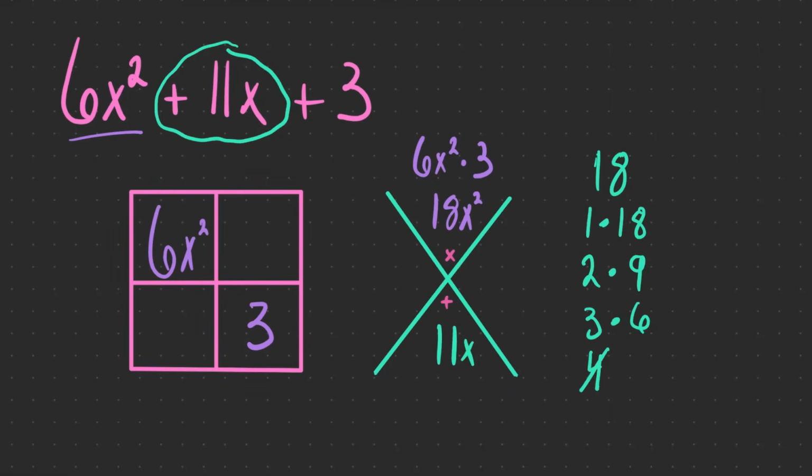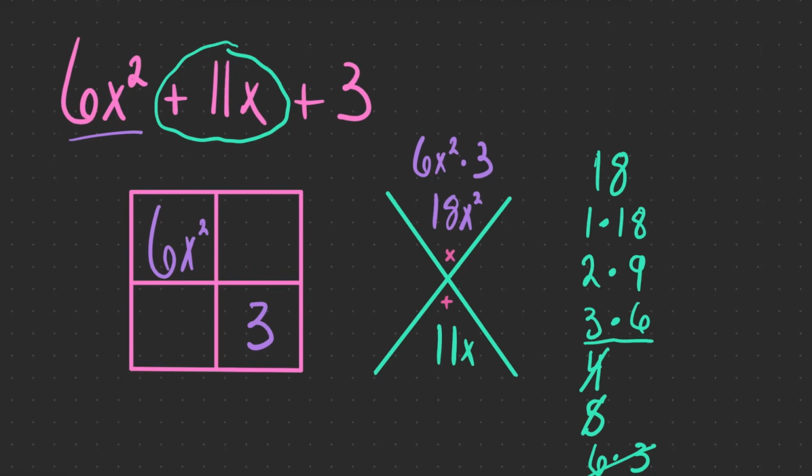So I'm just going to cross that out. Or 5 times something, doesn't look like 5 goes into 18. Or 6 times 3 goes into 18. And you'll notice here I can actually stop, because I technically already have 3 times 6 and 6 times 3. Those are the same thing.